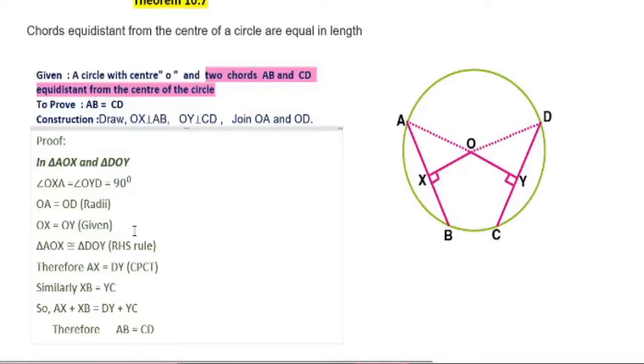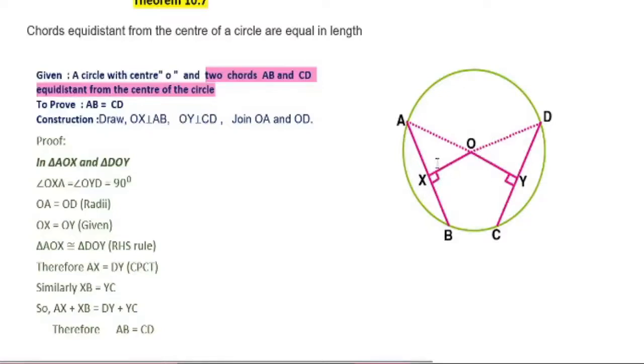So here again you can use RHS Congruence Condition. Look at the triangles. OA is the hypotenuse in triangle AOX, and OD is the hypotenuse of triangle OYD. So OA equal to OD. So the hypotenuses are equal, and one of the sides, OX equal to OY, that is the second condition.